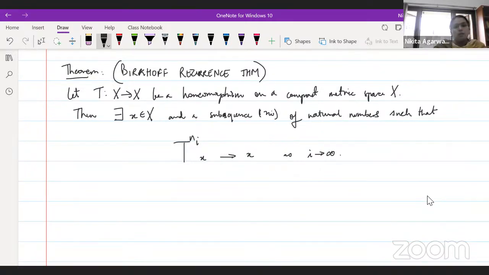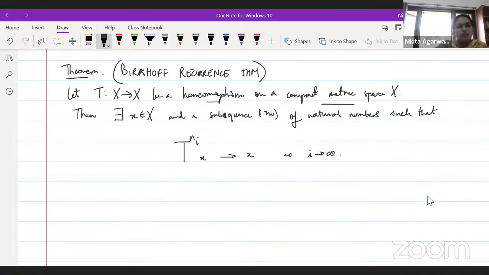Okay. So what is the starting point? The starting point is that you have a compact metric space and you have a homeomorphism on it, meaning it's continuous, it's a bijection, and the inverse is also continuous.